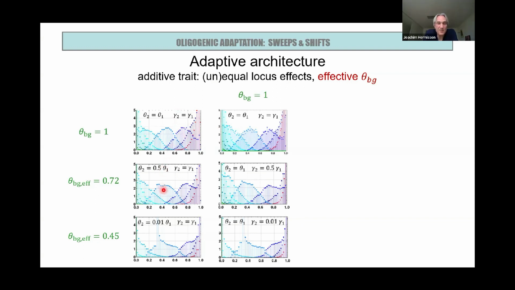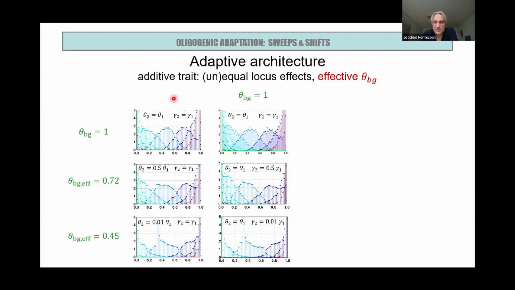But here we really do different things in our simulations here and there. And you see that these results come out remarkably consistent. So whether we change the effect size or whether we change the mutation input, at least in this oligogenic region, it comes out to relatively similar patterns of the genetic architecture.